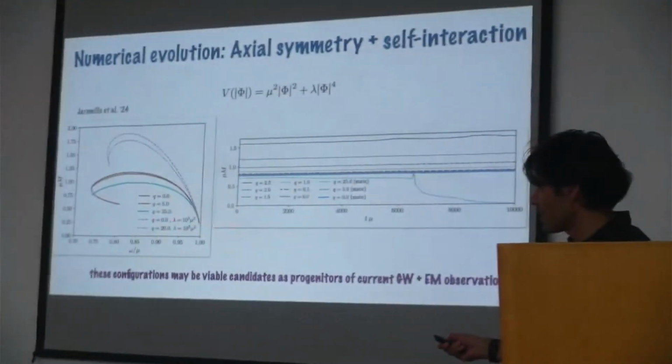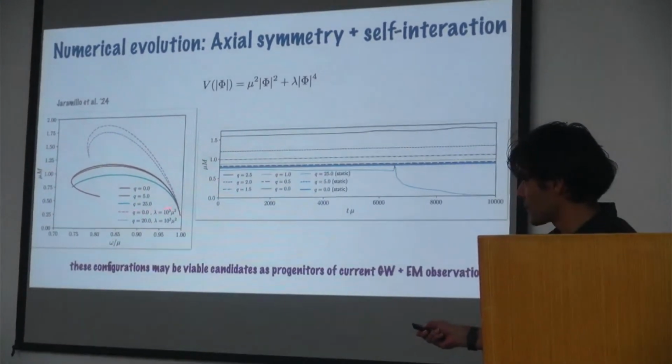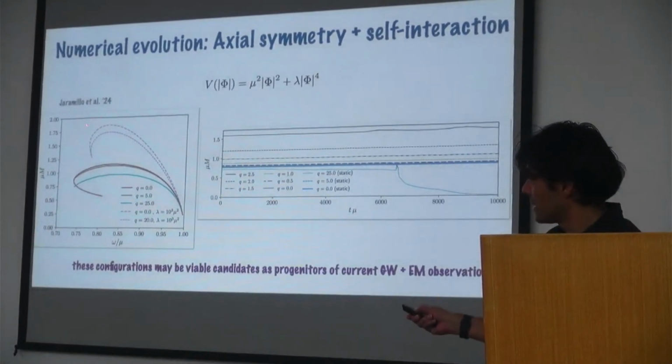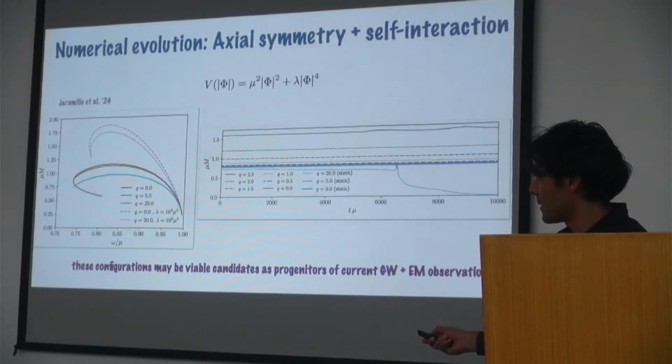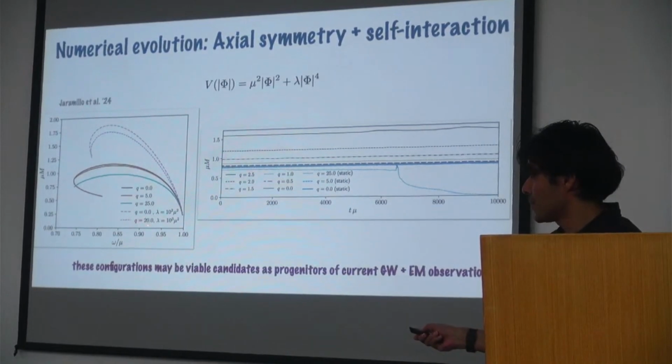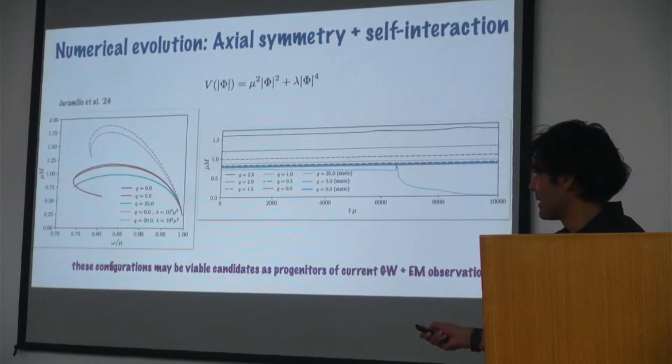Before asking the other questions, I have one more on the same topic. If you include self-interactions, would you also include charge? No, this is independent. For example, when you have charge equal 0, that is this configuration that we have here, you have this family of solutions. But if you use Q equal 20, which is huge, you have this family.